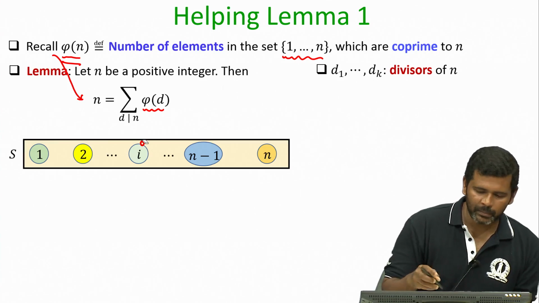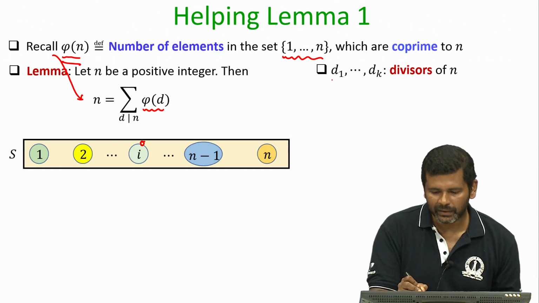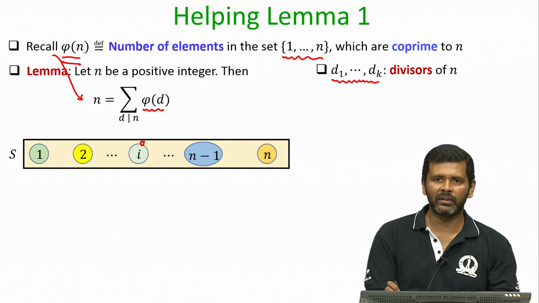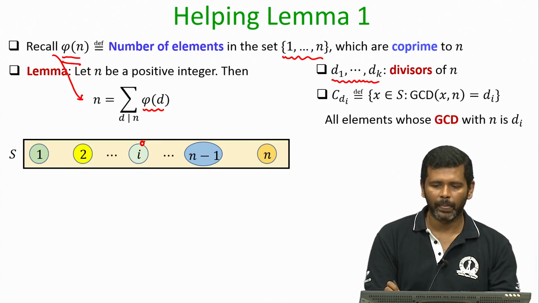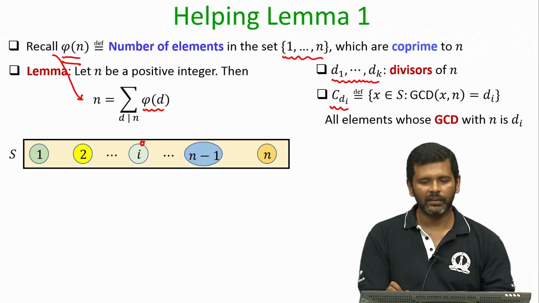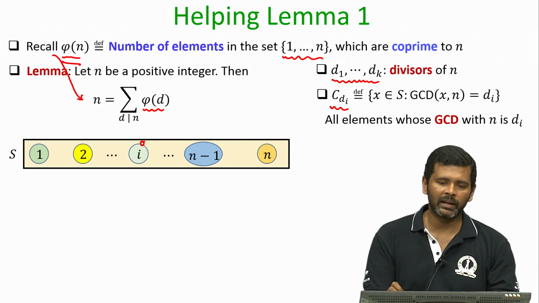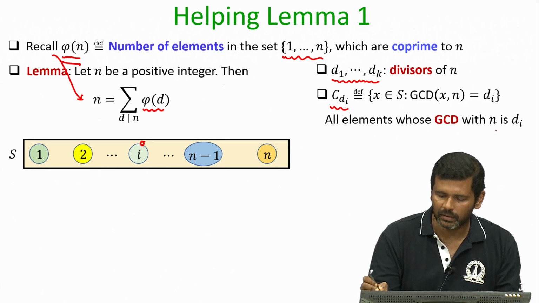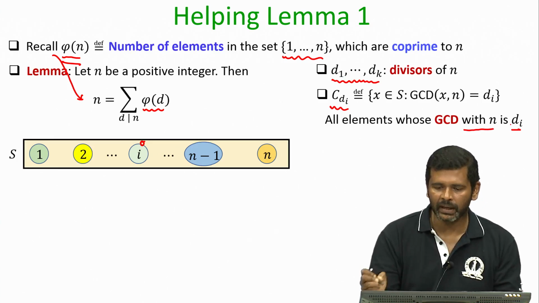Let S be my collection 1 to n, and imagine that d1, d2, dk are the distinct divisors of n. Now, I am defining a collection C sub di. C sub di is basically all those elements from the set S whose GCD with n is di.